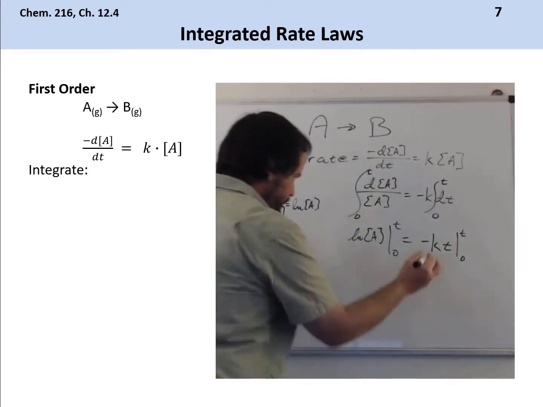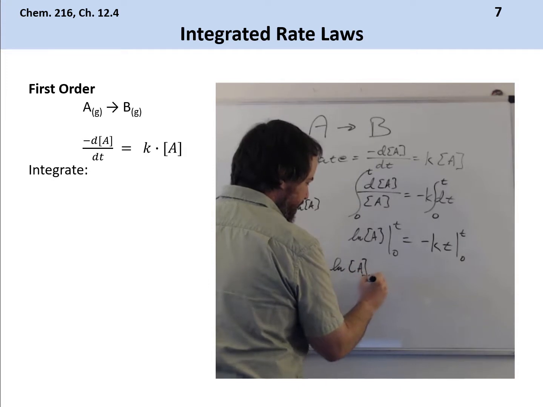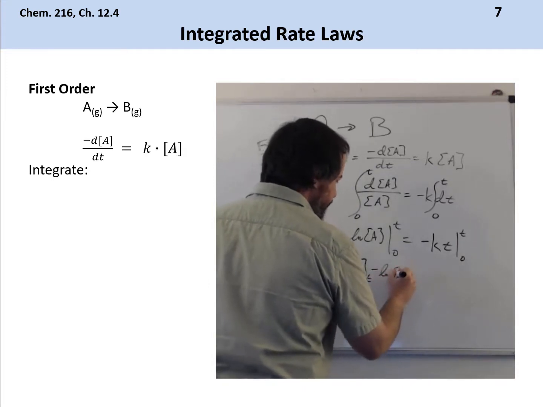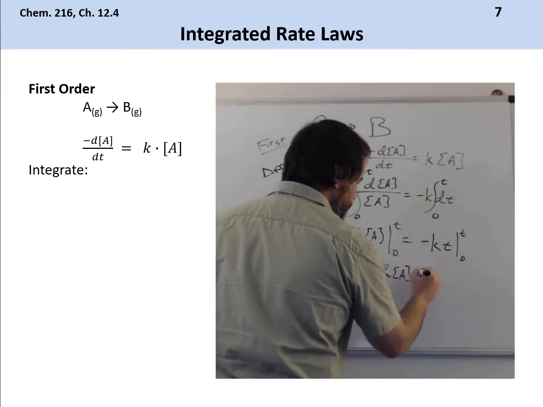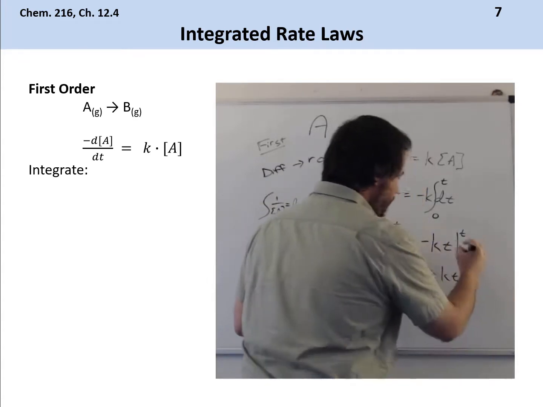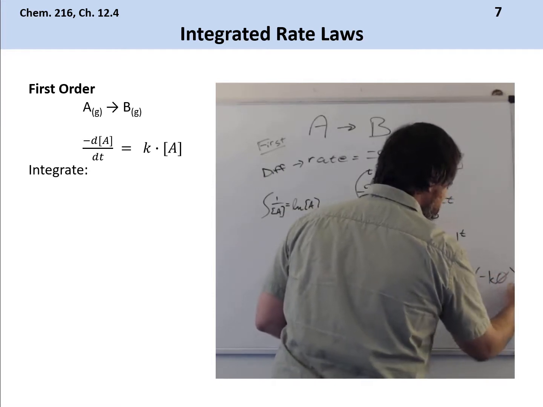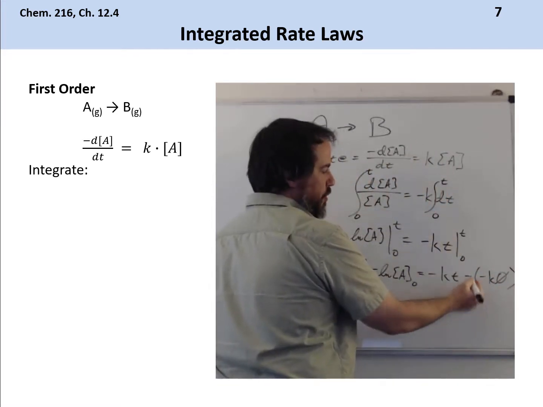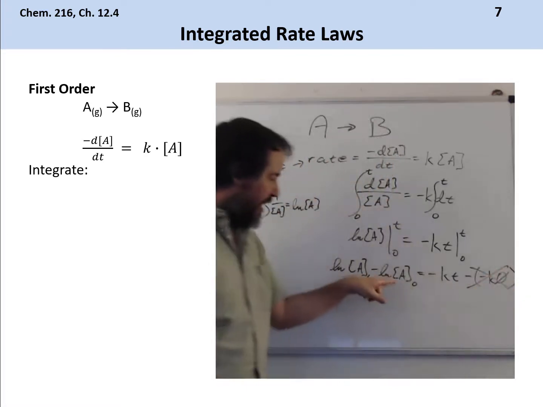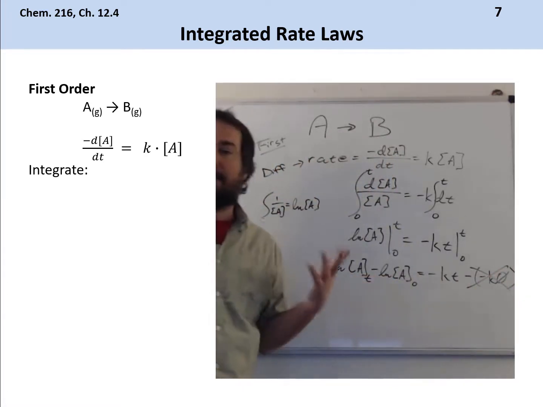Okay. So now I have ln A at time t minus ln A naught equals negative kt minus k times 0, because at time 0, t is equal to 0. But this one's not 0 because at time 0, the concentration isn't 0.